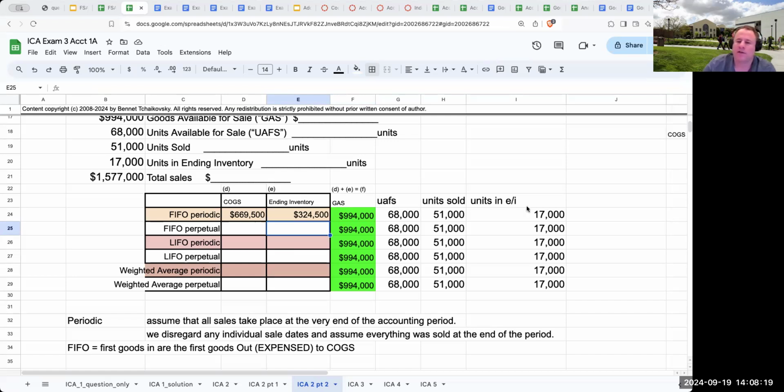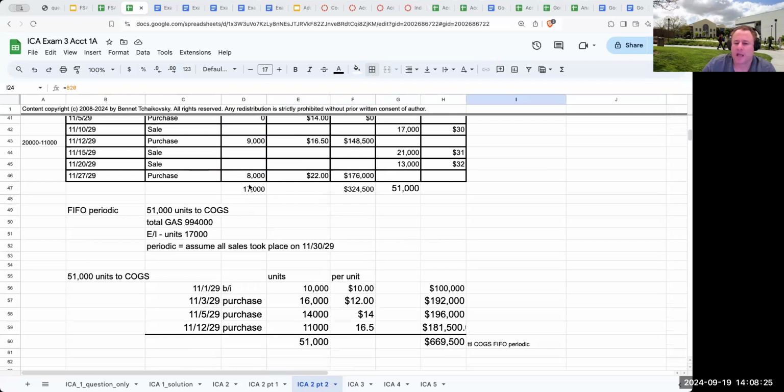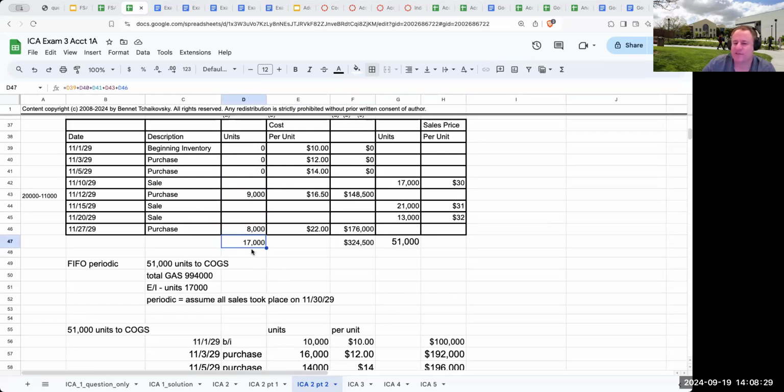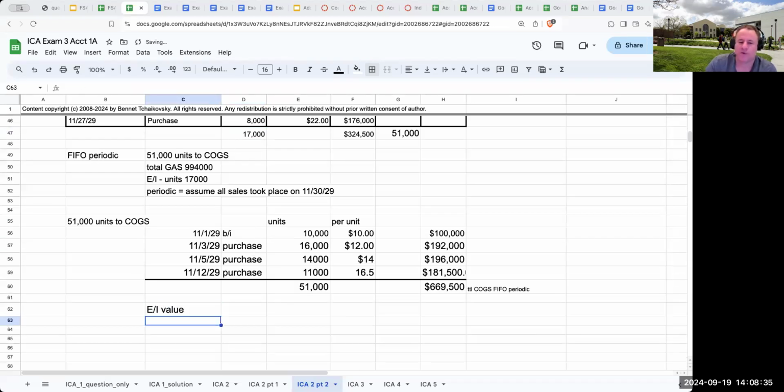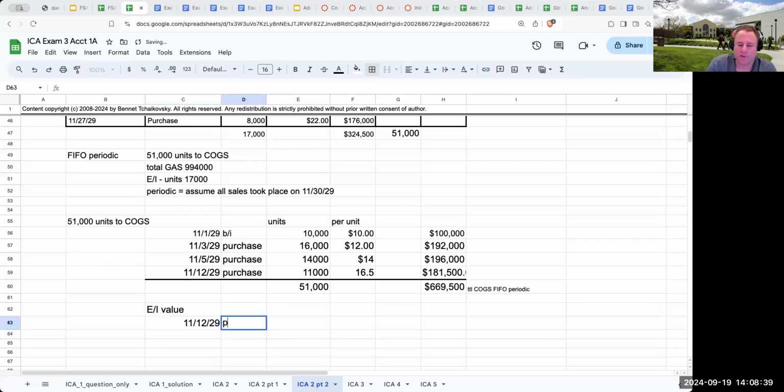Now, let's think about this. The units in my ending inventory should be 17,000. After removing the inventory, I have 17,000 units left. My ending inventory value is going to be from 11/12/29: my purchase remaining is 9,000 units at 16.50.